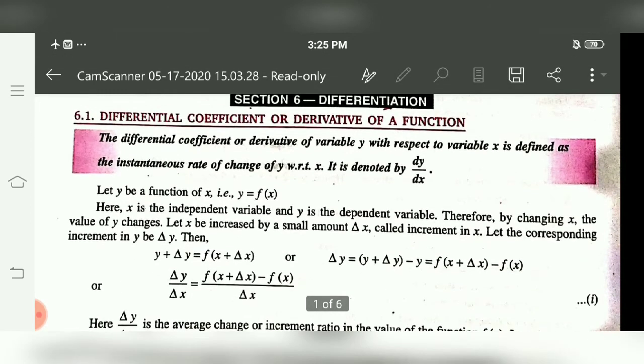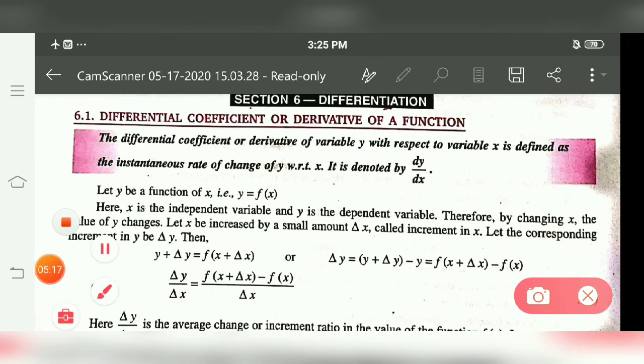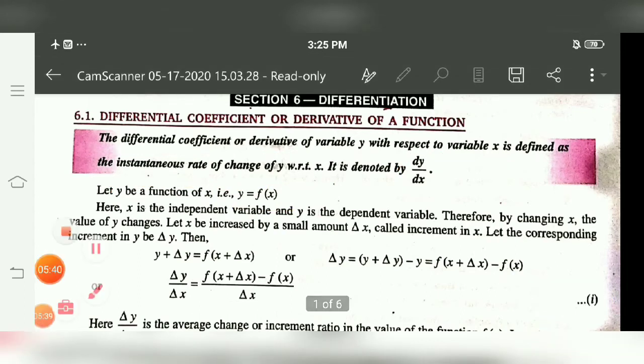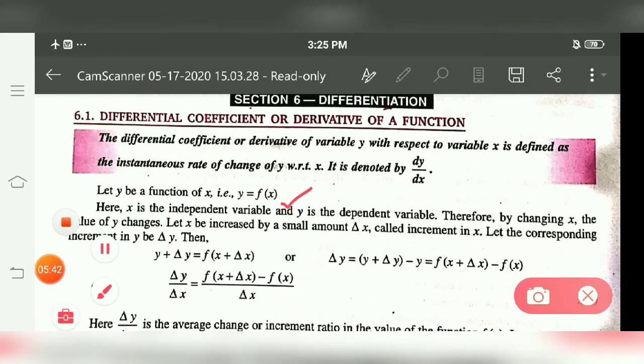So now let's read its definition. The differential coefficient or derivative of a variable y with respect to x is defined as the instantaneous rate of change of y with respect to x. It means how much y is changing with respect to x. For the sake of example, we consider y is a function of x.